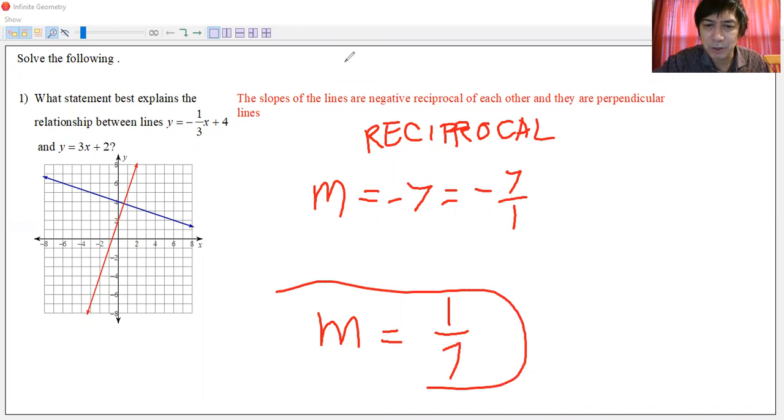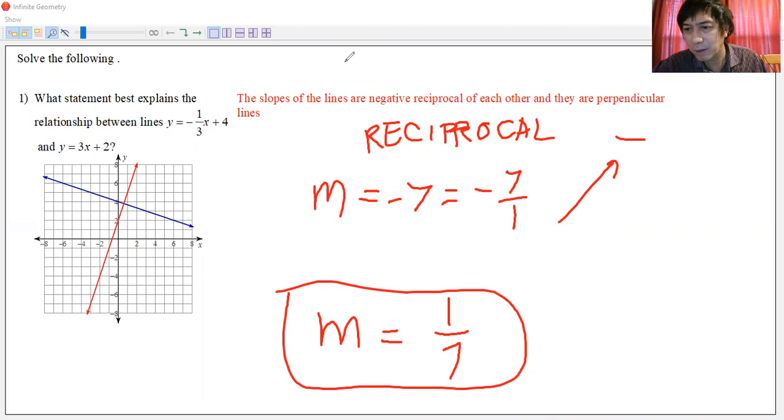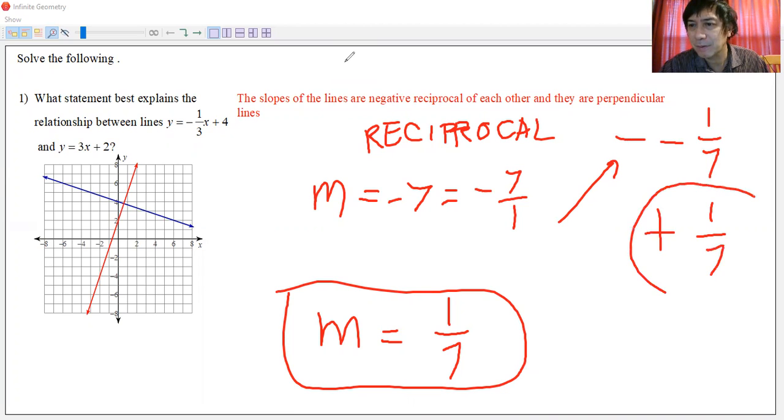Okay? This is the required negative reciprocal. Why? Because if you negate this, and then interchange the numerator and denominator, that will be the negative of the negative, and then get its reciprocal there, that becomes positive. There. And that's why negative reciprocal. Okay. So first you will change the sign and then exchange the numerator and denominator.